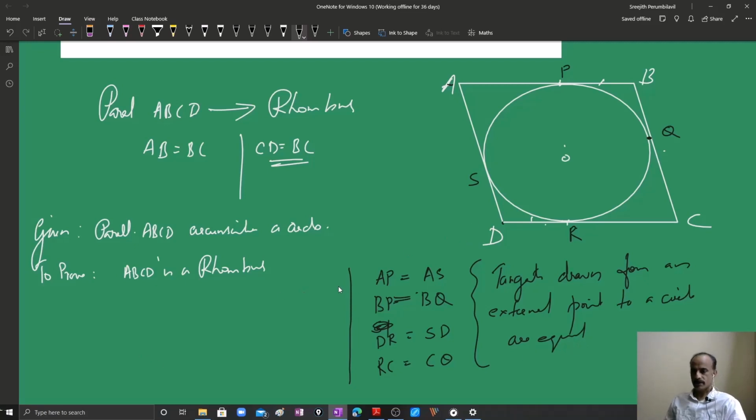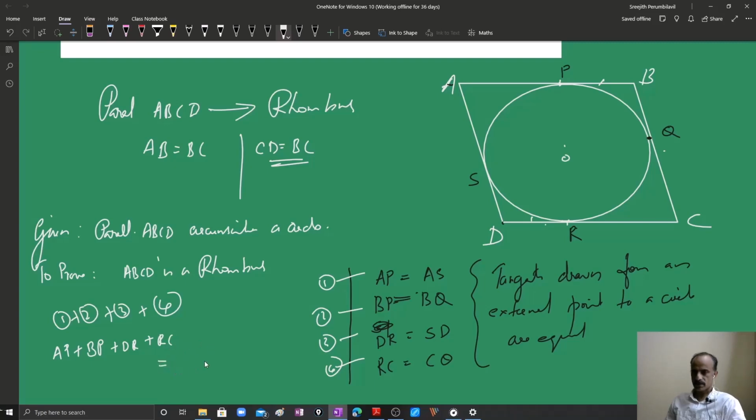If you want, you can name it as 1, 2, 3, 4 and add them. When you add all these, 1 plus 2 plus 3 plus 4, what happens? That is AP plus BP plus DR plus RC is equal to AS plus BQ plus DS plus CQ.